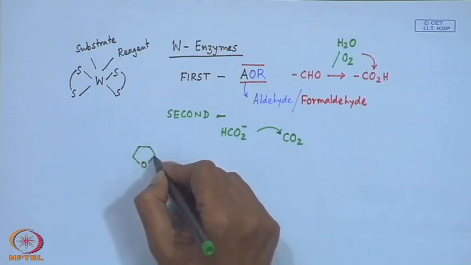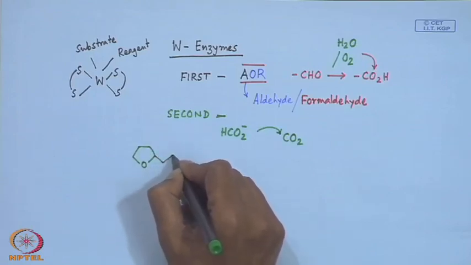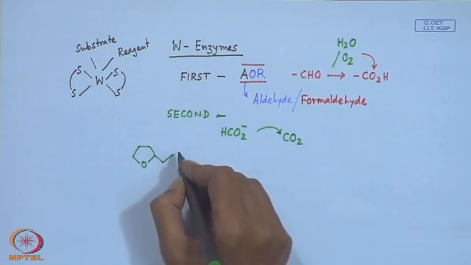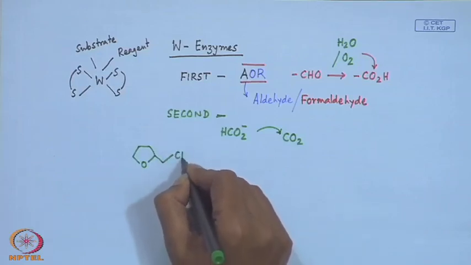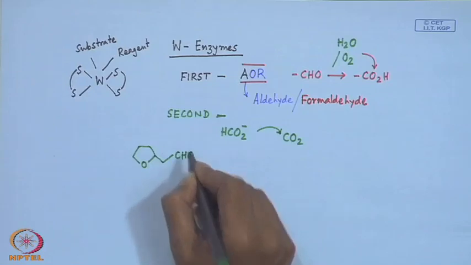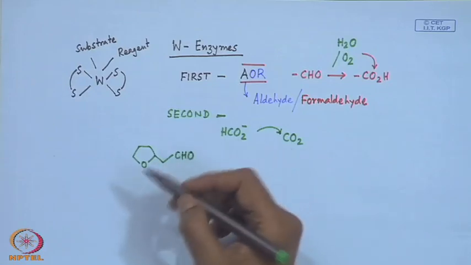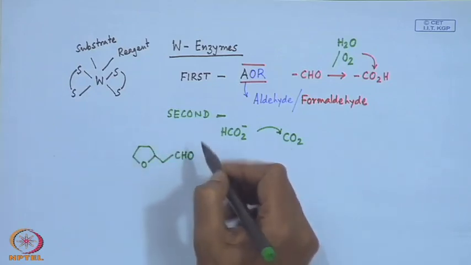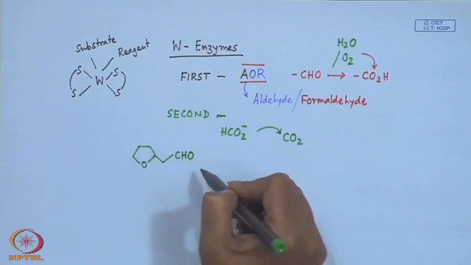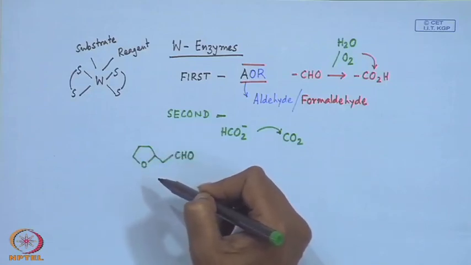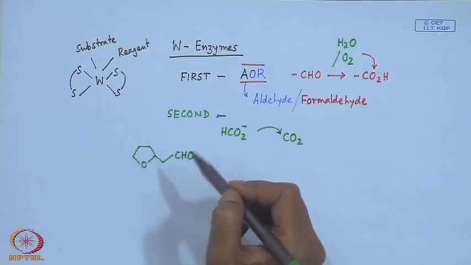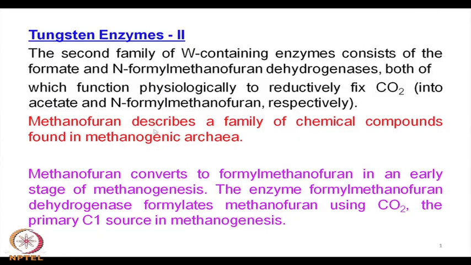Some other thing is also there, that means if we have a furan substrate, where furan is attached to some methyl group and some other aldehyde function on the furan ring, these are very useful biological fragments which can take part in different reactions. That gives rise to N-formyl methanofuran, which is utilized for the corresponding dehydrogenase activity.